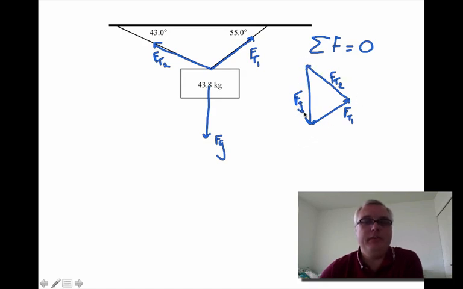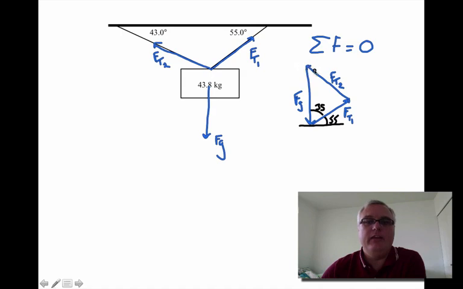So we have a very simple vector diagram, and we know that Ft1 makes an angle of 55 degrees with the horizontal. So in other words, this angle here is 55. That means this angle has to be 35.